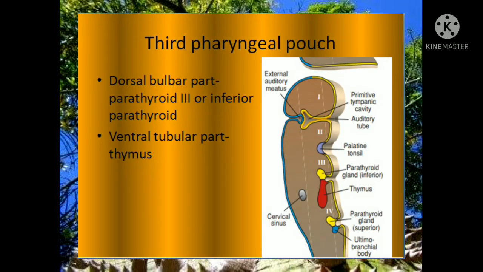Next, the third pharyngeal pouch. The communication of this pouch with the pharynx gradually narrows and is ultimately cut off, and it gives the parathyroid 3 or the inferior parathyroid gland from the dorsal wing and the thymus from the ventral wing.